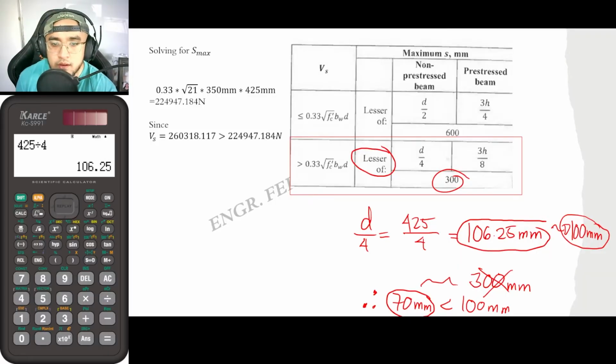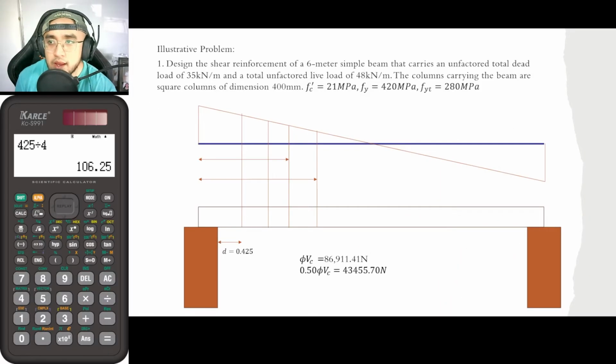Okay, from that, guys, let's say that this is the whole of our beam. Let me just bring back my laser pointer. Suppose that this is the entirety of my beam, and according to our plotting a while ago, this is at a distance d of 425 mm, and the Vu that we have solved for there is 282,150 newtons.